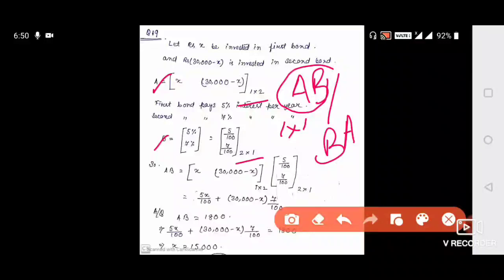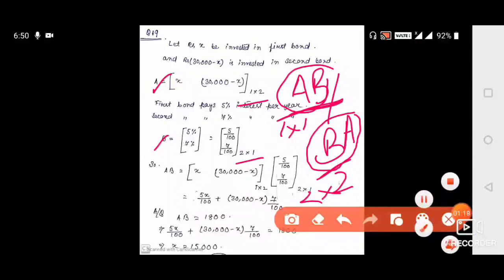And if we find BA, then this BA matrix will be of order 2 by 2, so 2 rows, 2 columns. So with that BA, we cannot do our calculation. So we have to find that matrix which will give us a single element, and that matrix will be AB.